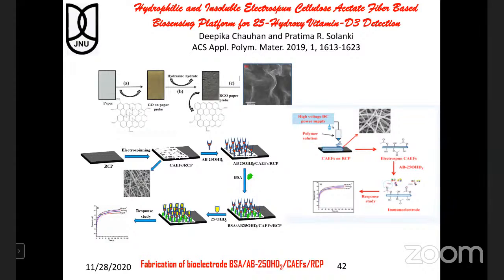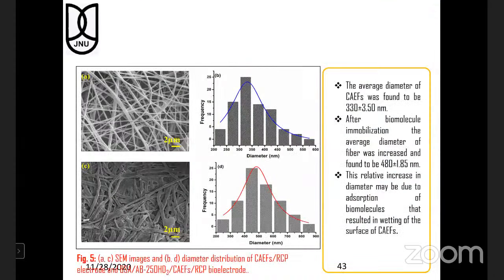So in this case, we fabricated electrospun nanofibers with an electrospinning machine, deposited these fibers onto the same RGO conducting paper, and modified them with antibodies corresponding to 25OH vitamin D3, and the chronoamperometric response was observed.